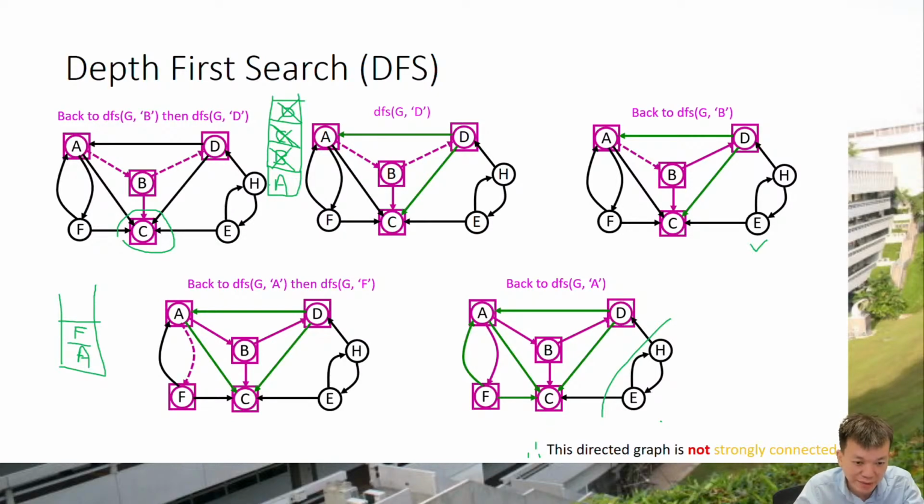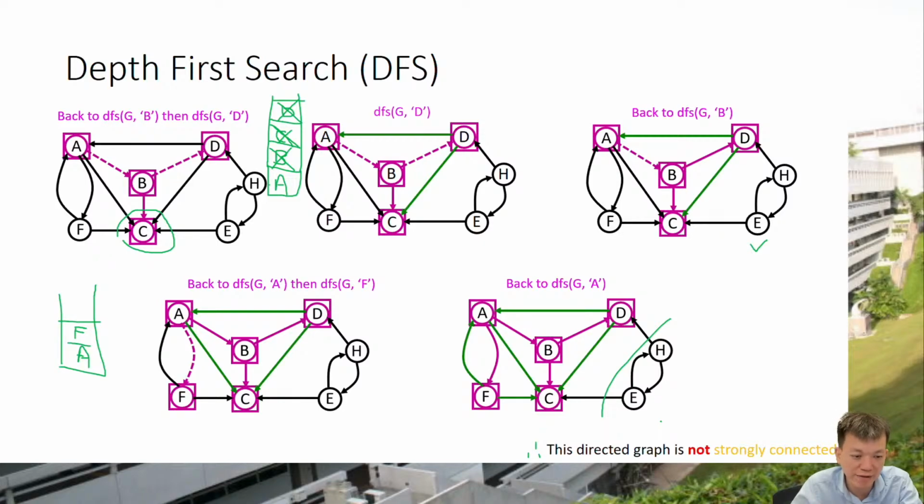That means I try A, it cannot, then I try B. Let's say A can visit every node, B, C, D, F. Then I need to try B. After I apply the depth first search from B, I need to try C. After applying the depth first search, it is also able to visit all the nodes.